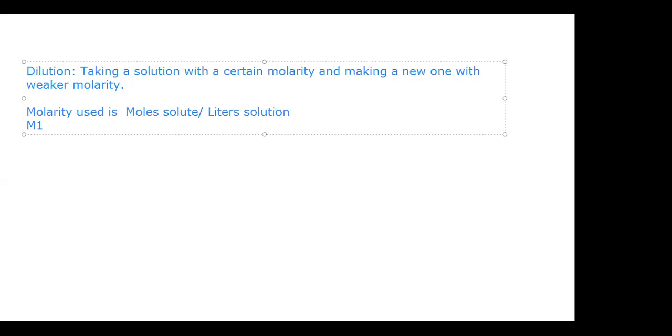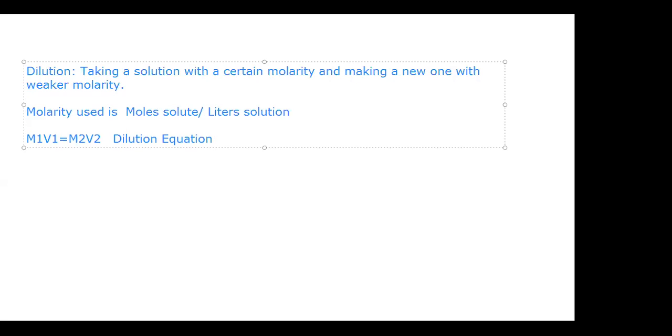Okay, this one doesn't really work super well with the other one that we talked about. So you're going to have M1 V1, okay? So that's going to be molarity 1 times volume 1 equals M2 V2, okay? And that is the dilution equation. All right?